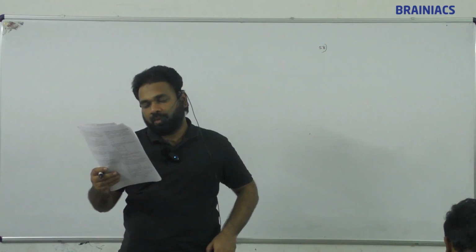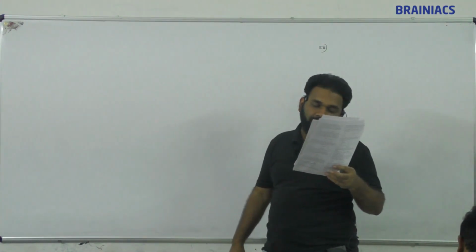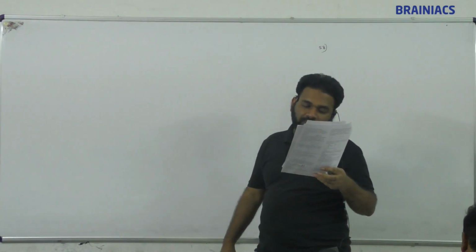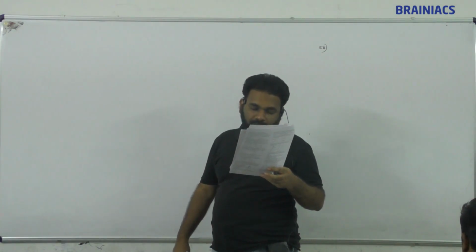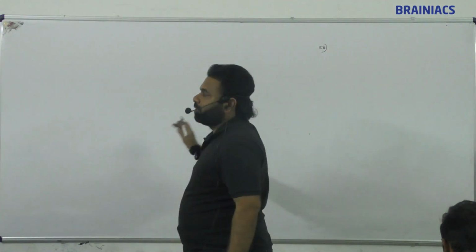58. A 2 kilogram block is dropped from a height of 0.4 meter on a spring of force constant K equal to 1960. The maximum compression.